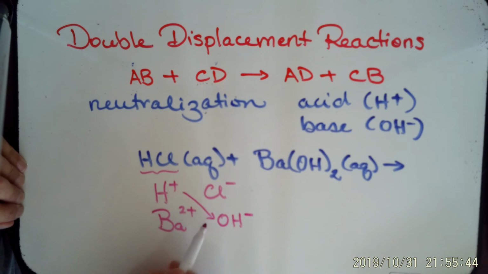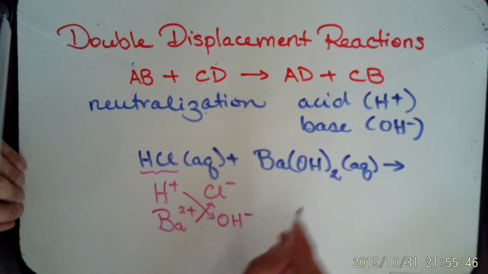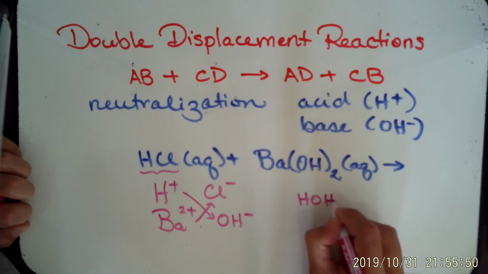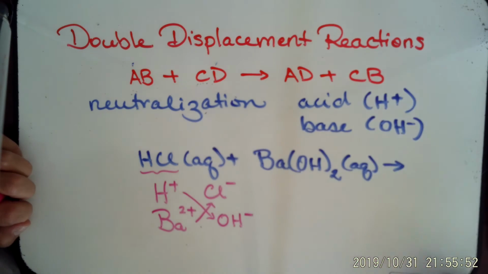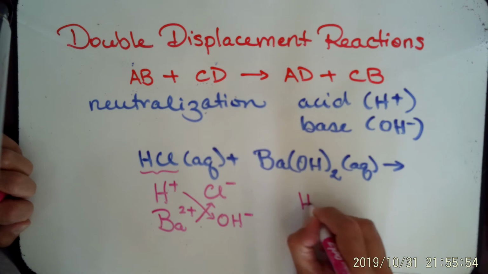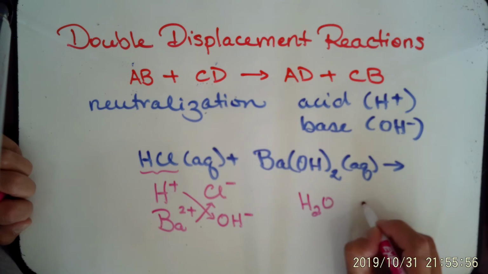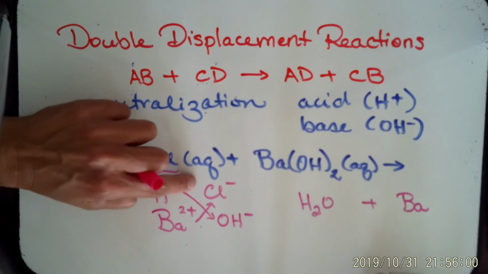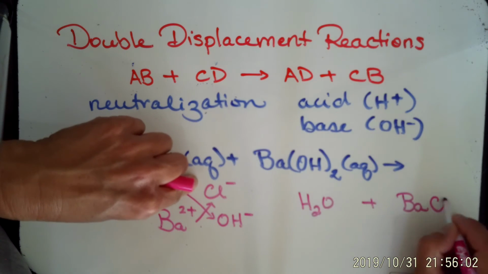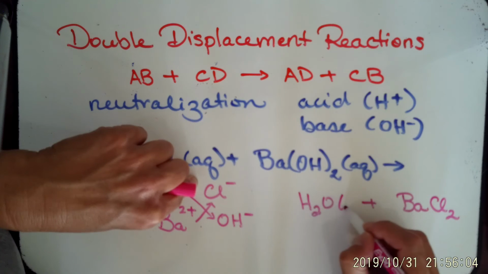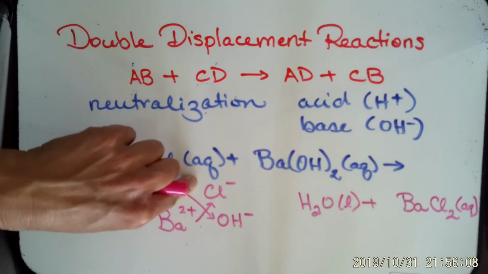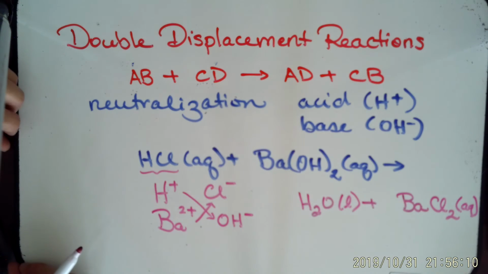So if I do my crisscross, I'm going to form HOH, which is water. So let me rewrite it as H2O. And barium is a 2 plus, chloride is a -1, so I need 2 of them. Water is a liquid, barium chloride is aqueous, so those are my products, okay?